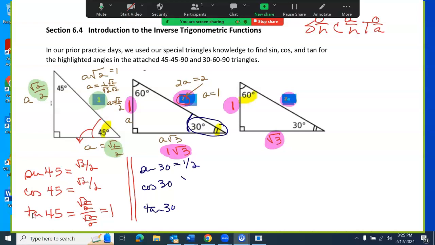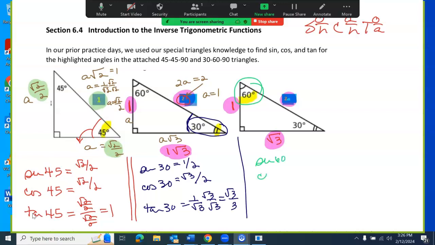Cosine is adjacent over hypotenuse, root 3 over 2. Tan is opposite over adjacent, 1 over radical 3, which we will rationalize so that I have root 3 over 3. Done.